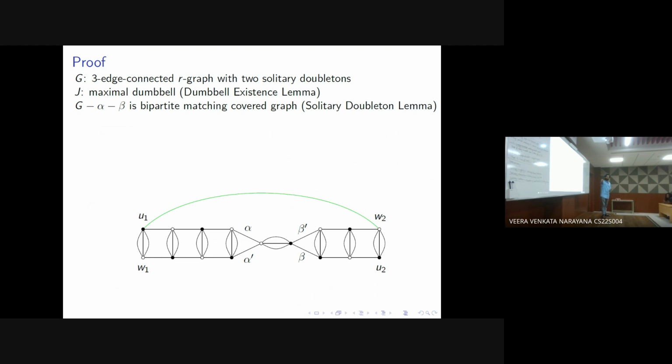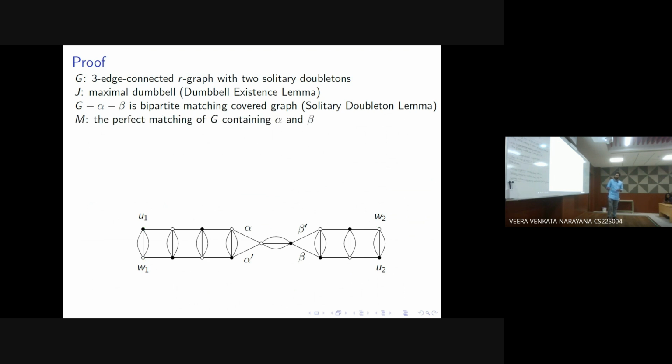And our graph is also 3-edge connected. Done? Yes, we must have that edge. Otherwise, these 2 edges form a 2-edge cut, a contradiction to our assumption that it's 3-edge connected. Therefore, it must exist, and we are done.